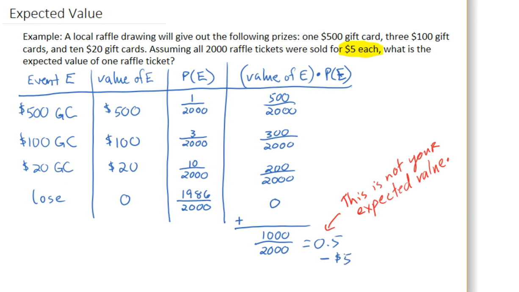So we have a $5 cost, and so that's going to give me that I can expect to win or lose. If I play, I can expect to lose $4.50. That's how that all works out. This was different in the previous example. Once we found out we added, then that was our expected value, but that's because the problem wasn't taking into consideration any costs.